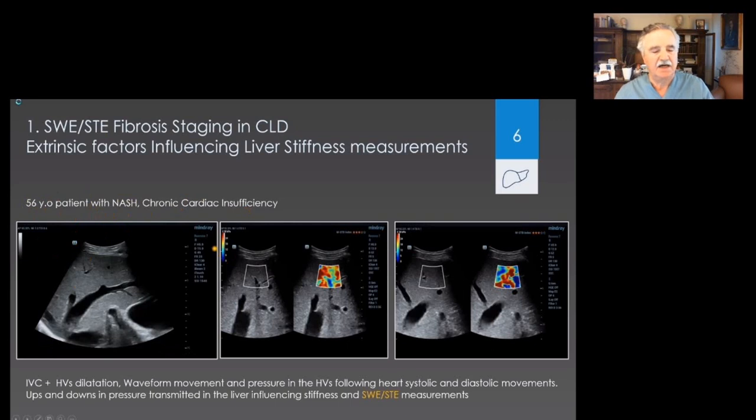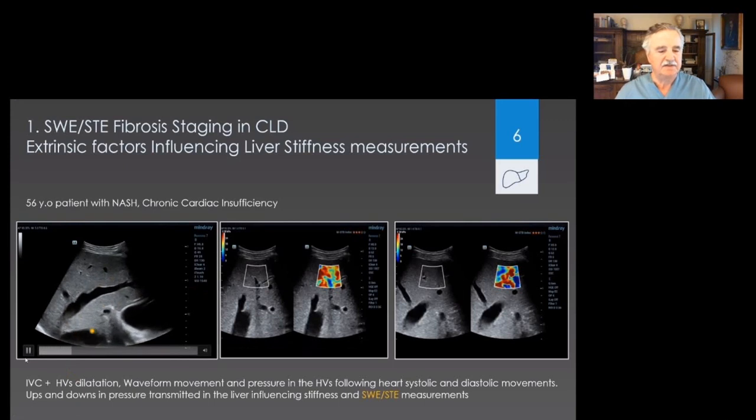Let's start our elastography examination. We see that everything is moving. This is, of course, the inferior vena cava. This is the right hepatic vein. Everything is moving. That's not good for applying shear wave elastography.